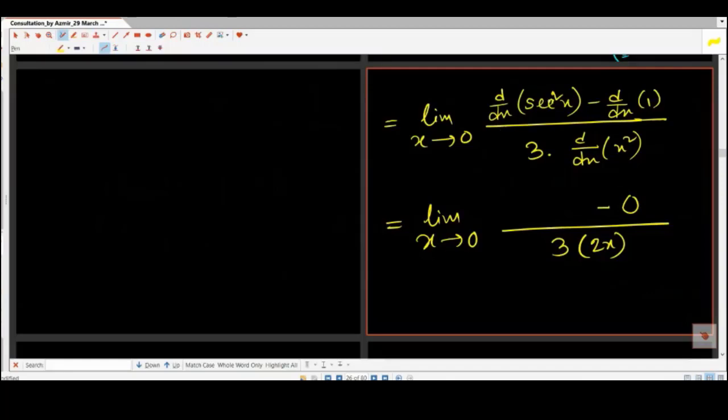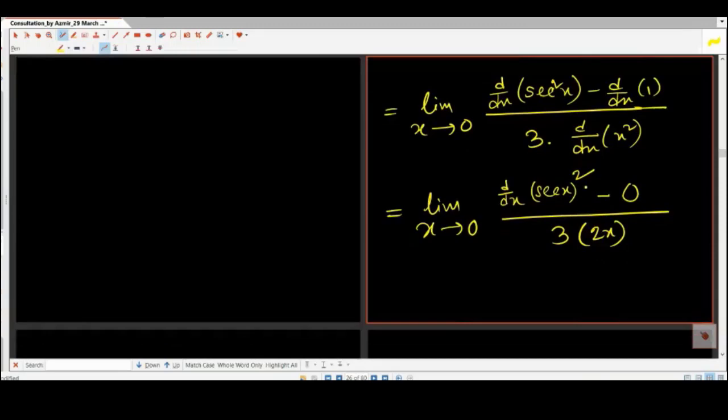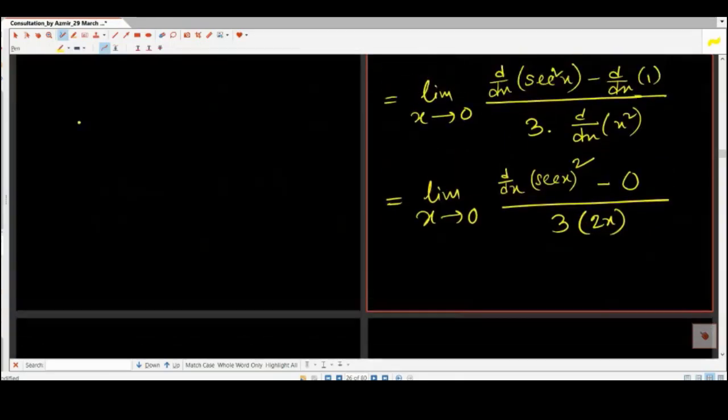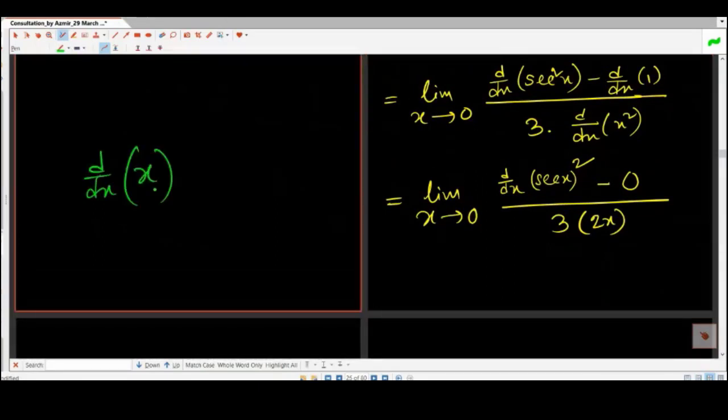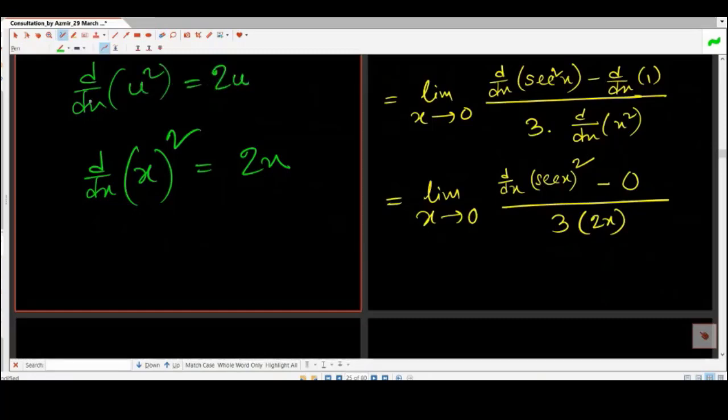But what is the derivative of secant squared x? This is by the chain rule. Secant squared x can be written as secant x to the power 2. Differentiation of u squared is 2u if it is u.